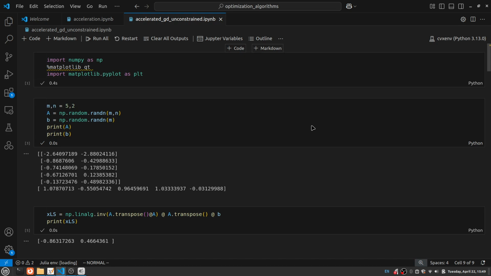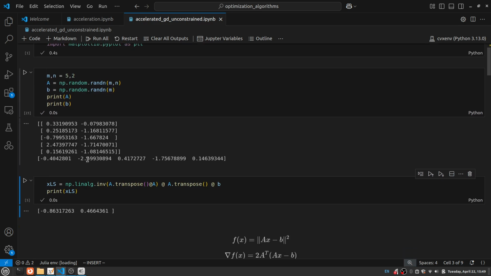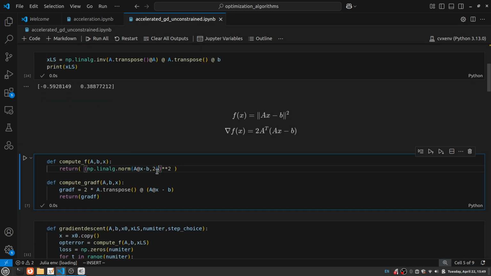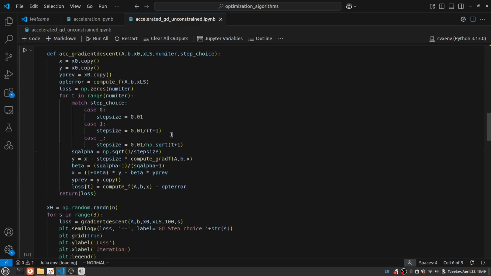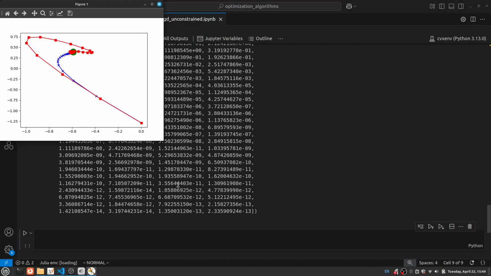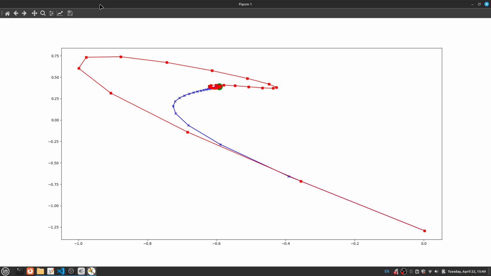So let me just generate a new set A and B, and I'll again plot the trajectory of the two. The blue curve here corresponds to standard gradient descent, vanilla gradient descent.